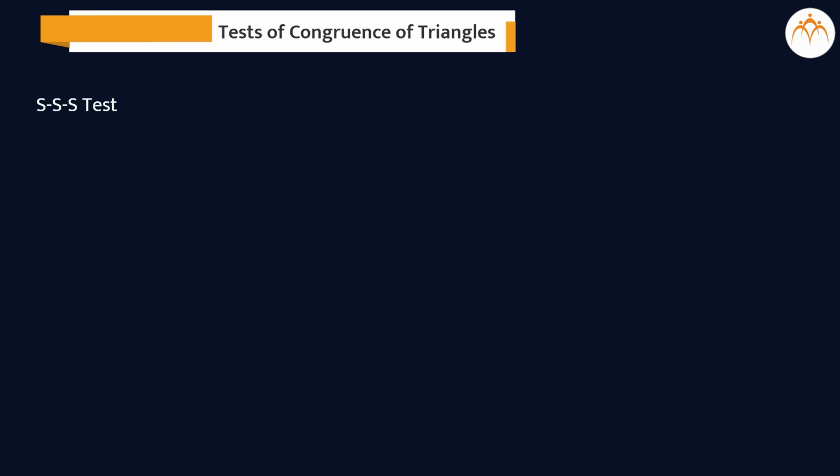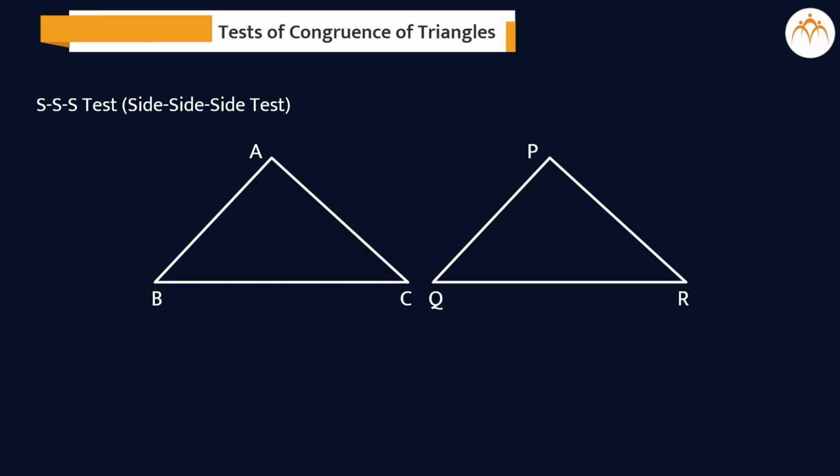First, SSS test, that is side-side-side test. Observe these figures. In triangle ABC and triangle PQR, AB is congruent to PQ, BC is congruent to QR and AC is congruent to PR. Which means all three sides of triangle ABC are congruent to the sides of triangle PQR with 1-to-1 correspondence.